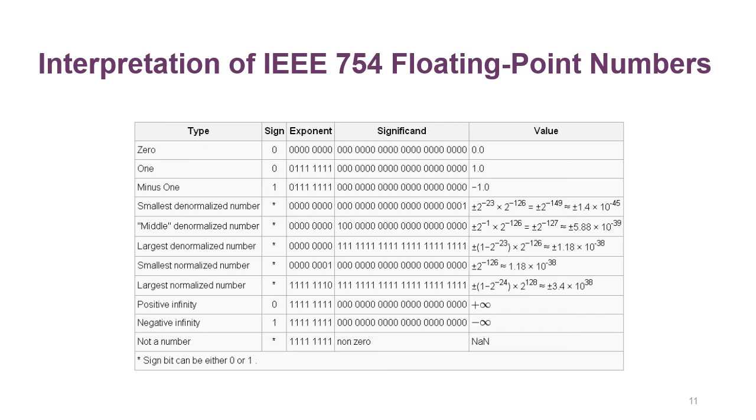Similarly, if we have a minus 1.0, then our sign bit becomes 1 and the significand bits remain all zeros, and our exponent remains the same as 1 1 1 1 1 1 1 and 0. Only the sign bit changes from 0 to 1.